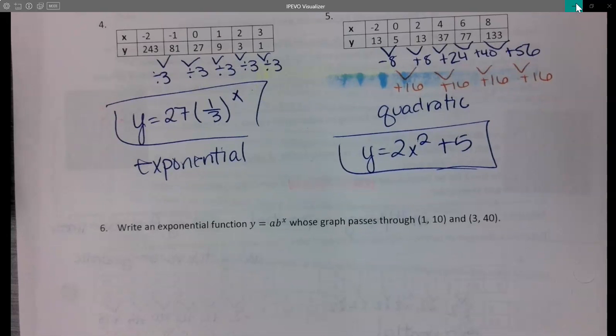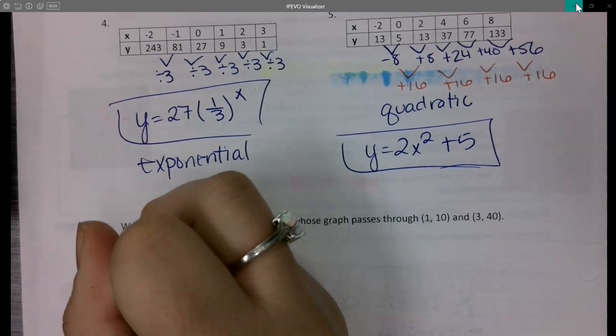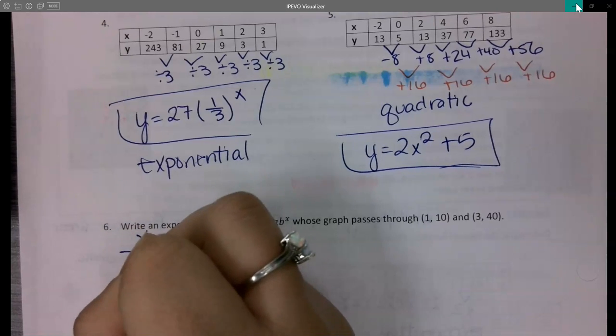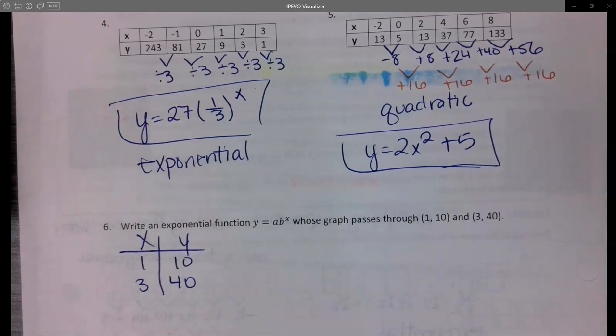Okay. Number 6, I want to make my own table of values. And then I'm going to go type this in the Desmos.